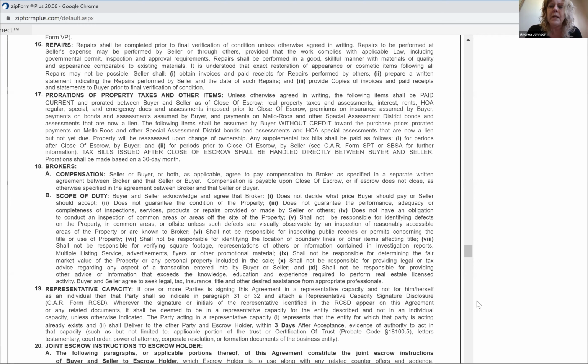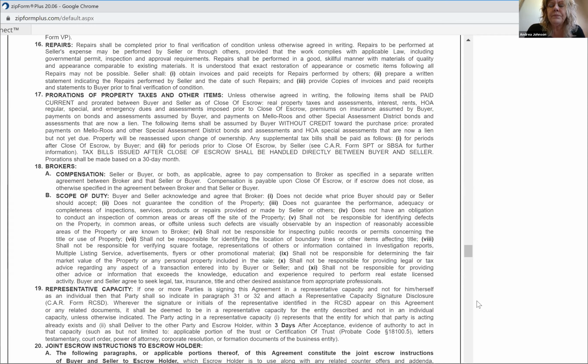Now, if there was a preceding already agreed upon amount that seller had agreed to contribute to buyer's recurring and non-recurring closing costs at close of escrow, let's say going into the transaction they'd agreed to give the buyer $4,000 toward their closing costs. In the scenario where you are now adding what's essentially a repair credit, but cannot be stated as such, it needs to be stated as a closing cost credit.